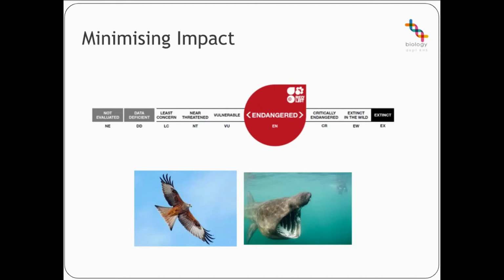So a rare species would be one which is found at a lower density or the total population is small. A vulnerable habitat would be one which is easily damaged by human activity. And in Scotland we have several protected species like the red squirrels, deer, red kites, basking sharks, and many of our wild plant species are considered to be protected.